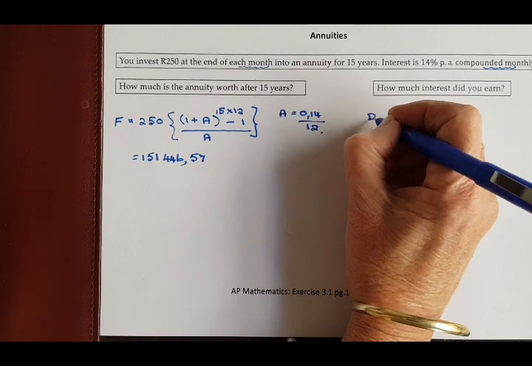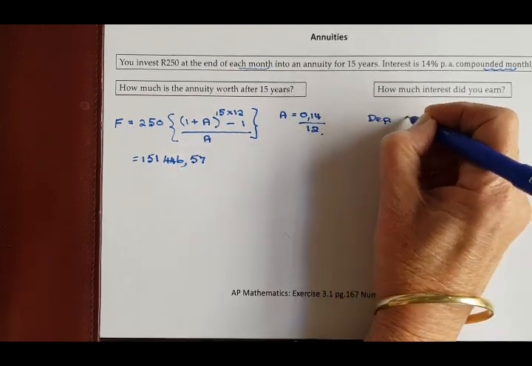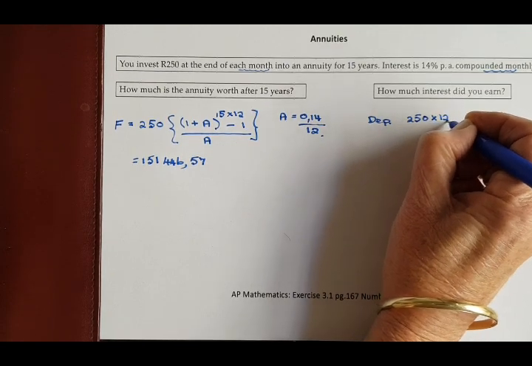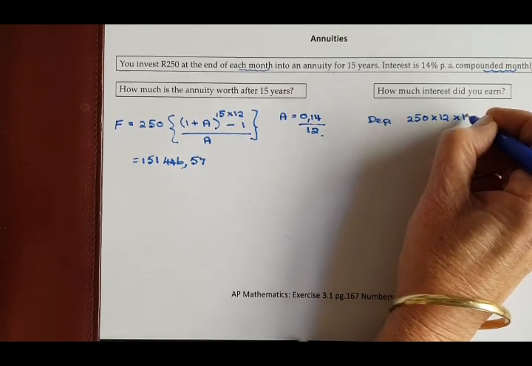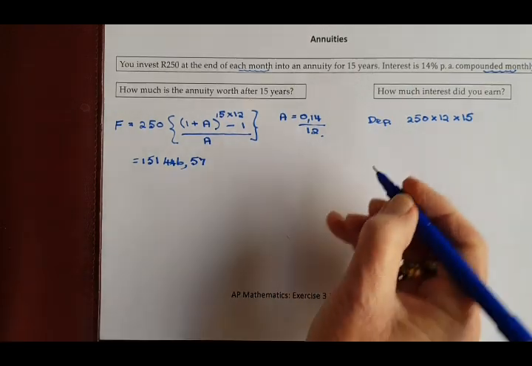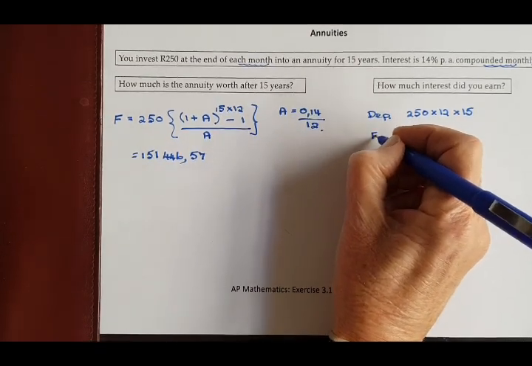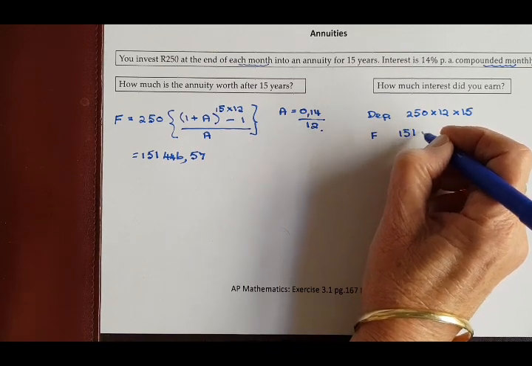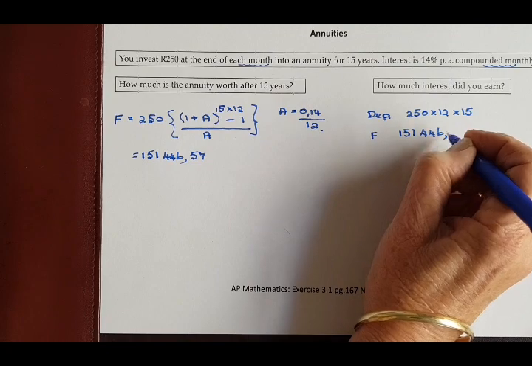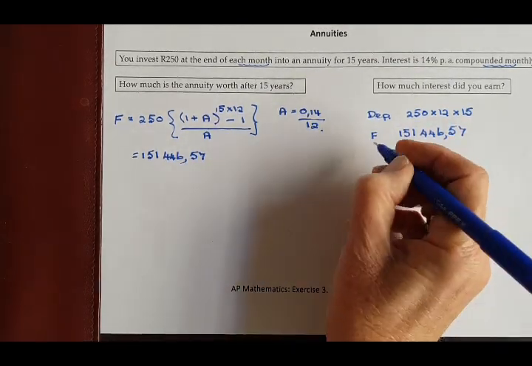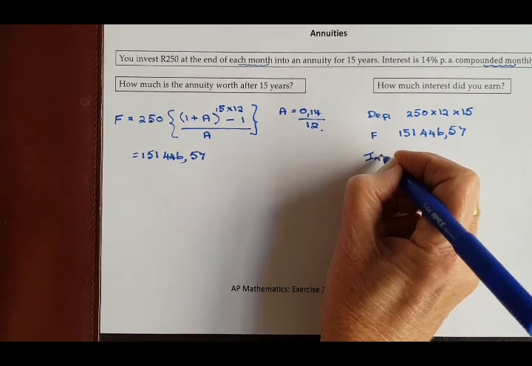Well, you deposited 250 Rand every month for a period of 15 years. That is how much money you deposited. How much money is your future value? How much money did you actually have? 151,446.57.